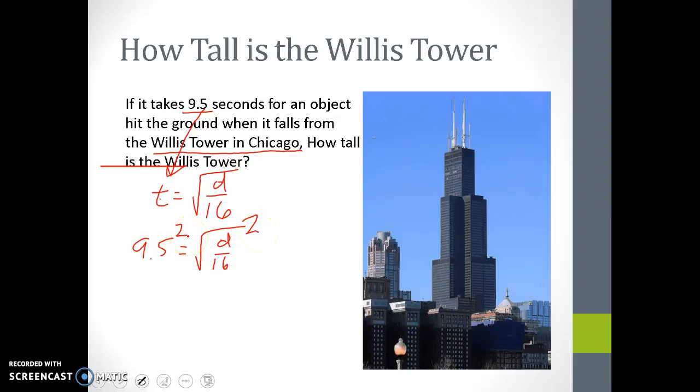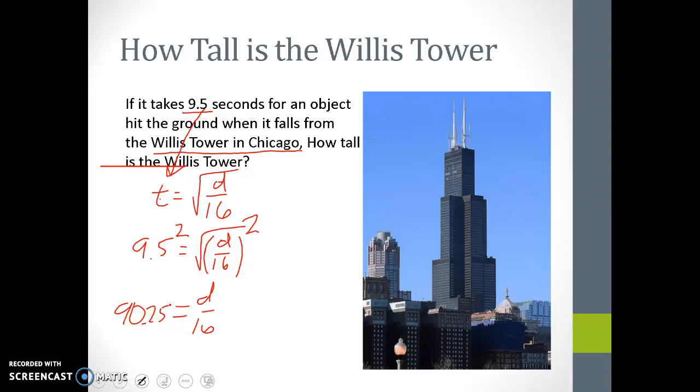If I square both sides, then I have two of these inside, and remember, we pull them out in pairs. That's just going to give us d over 16, and that's going to equal 9.5 squared. 9.5 squared is 90.25.